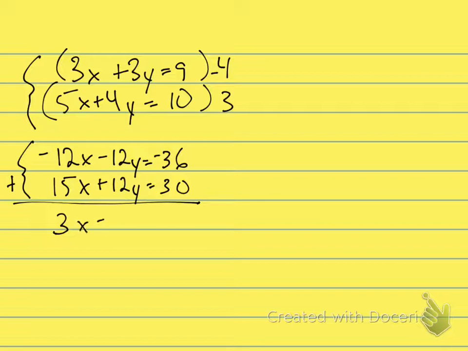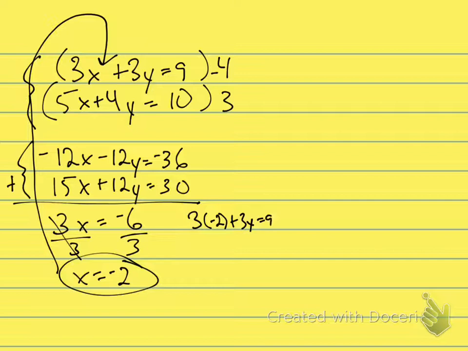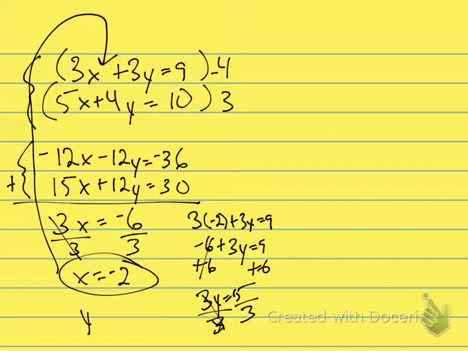That would give us 3x equals negative 6, which means that x is negative 2. Once I know x is negative 2, I can throw it in any equation I want. I'm going to choose right there. 3 times negative 2 plus 3y equals 9. So then we solve for y. 3x is 15. Sorry, 3y is 15. Then y is 5. Ordered pair, negative 2, 5.